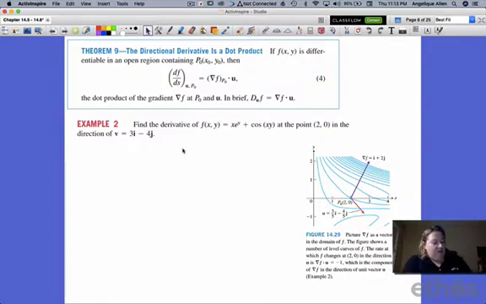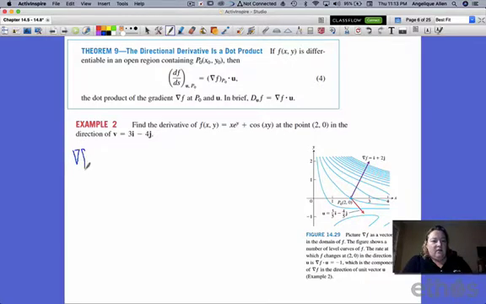And so the derivative of our function. In order to calculate this, we're going to need the gradient vector of f. Okay, I just got a new tablet, so my handwriting is going to change yet again.